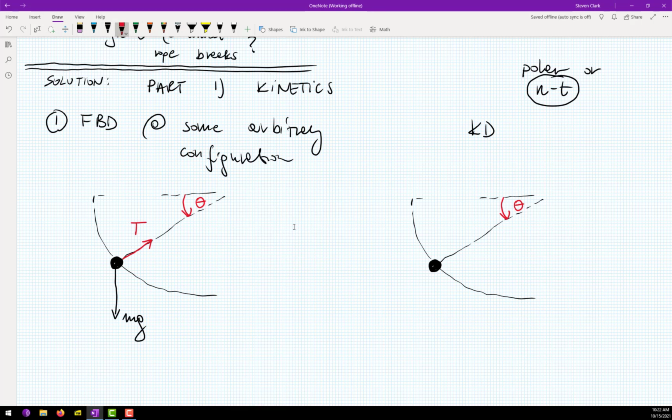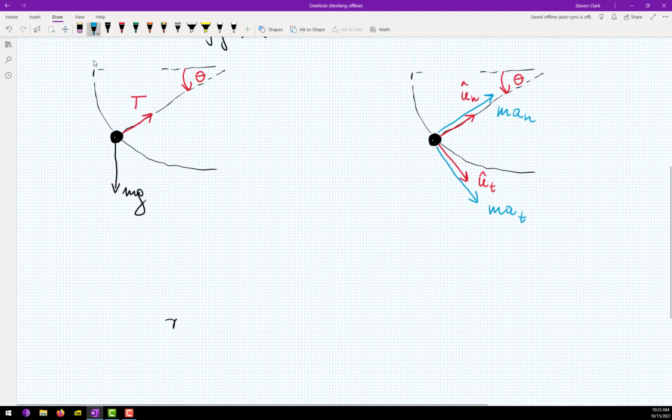So let's have UT acting in this direction, and obviously UN will be acting in this direction. And our accelerations will be m a_t and m a_n. Now the second step of our procedure is EOM.